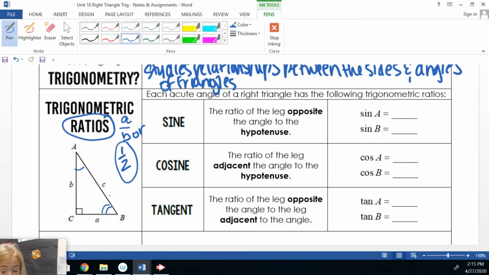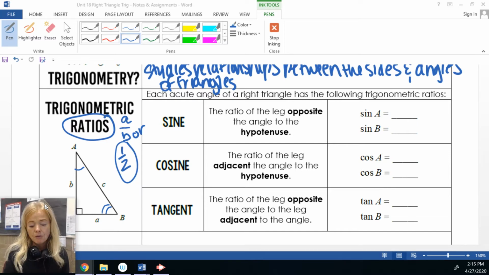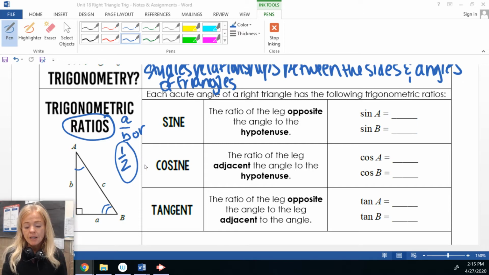It always is. If we know one of the sides and the angle, then we can come up with the third measure, which would be a side measure. And that's what's most important.